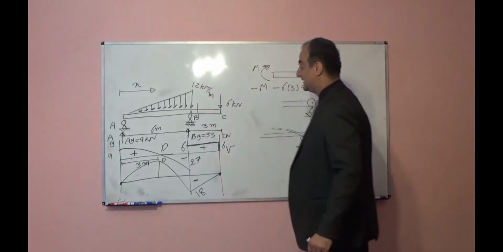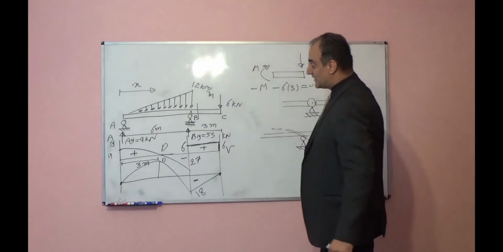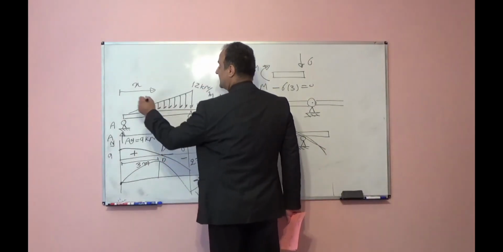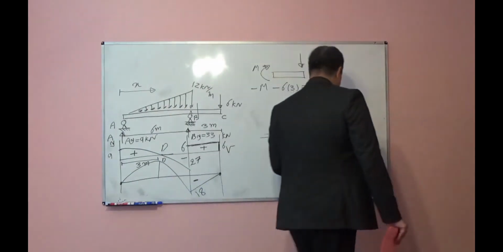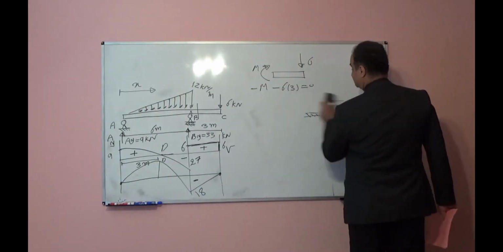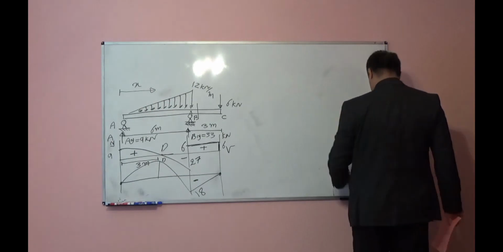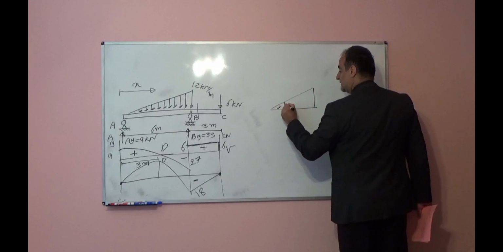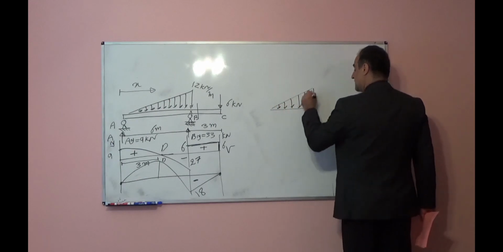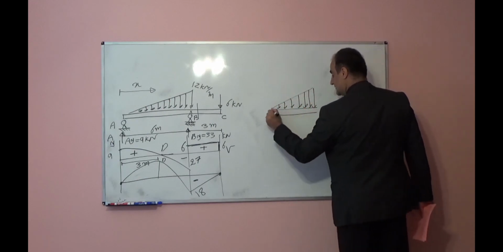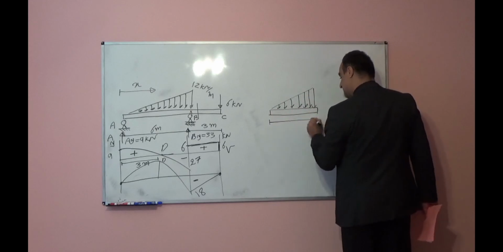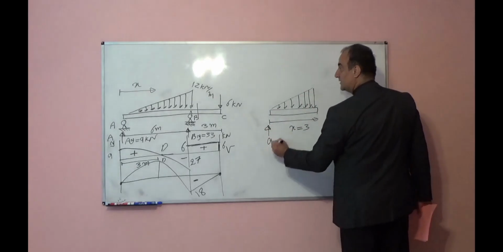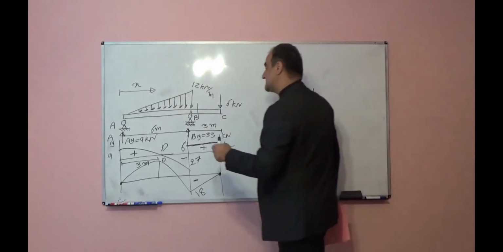Now what is the bending moment here? If you cut at x equal to 3, if I show free body diagram, I cut beam at x equal to 3, this is the reaction 9, because this is midpoint.